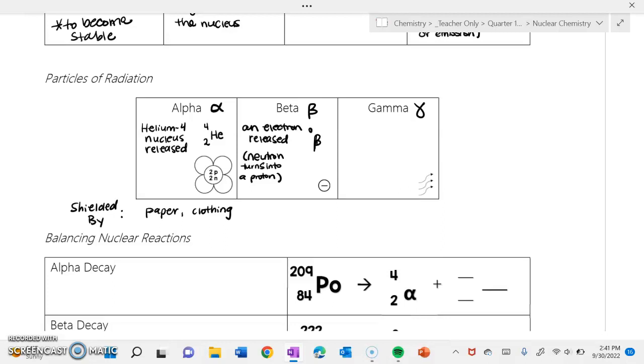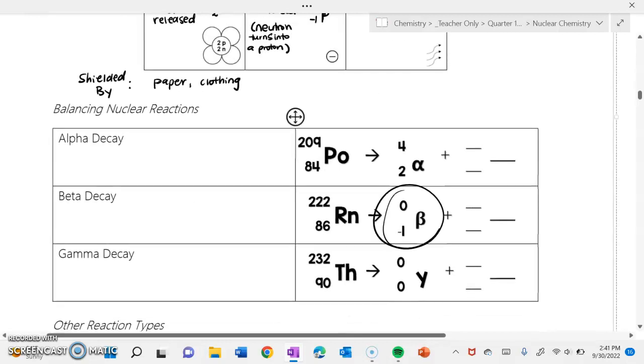And beta or electrons aren't on the periodic table, but they have a -1 charge, so our workaround here is to put it as a -1 atomic number, which again doesn't really exist, but we use it for the beta particle to represent it within a reaction, just like written here in a reaction.